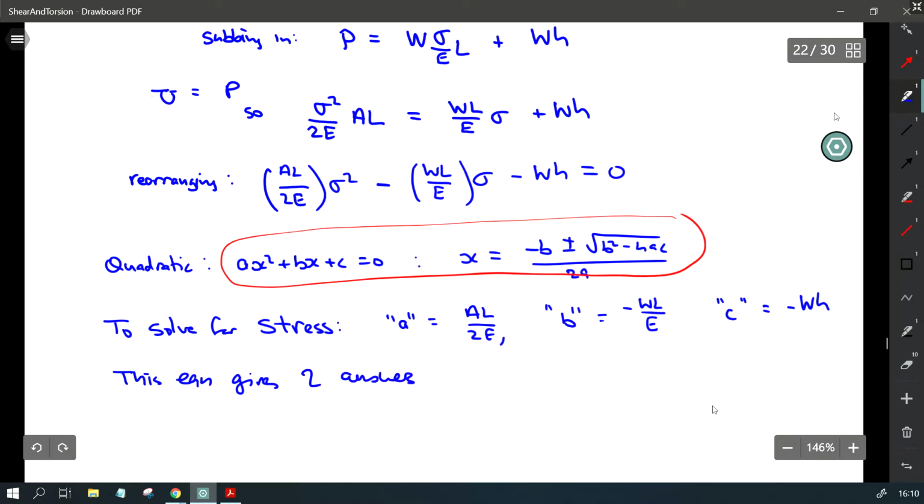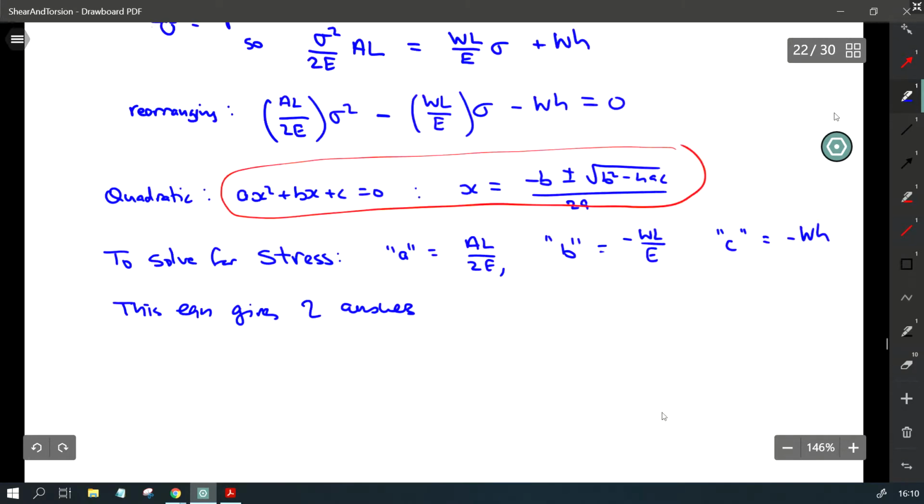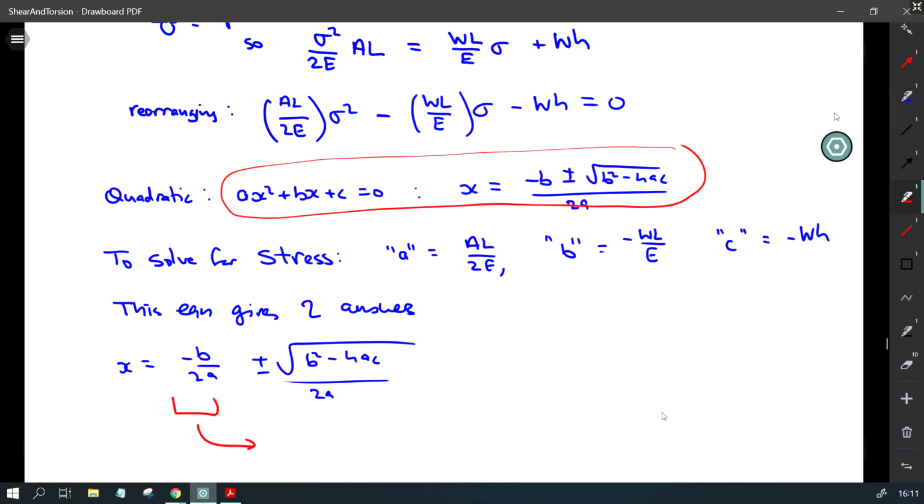Okay, so the question is, well, what does that mean if there's two answers? Well, the answer is, let's look at what these bits are. We take, say, x equals minus b over 2a plus or minus the square root of b squared minus 4ac over 2a. Let's look at this bit first.